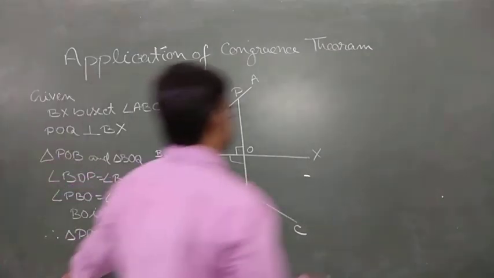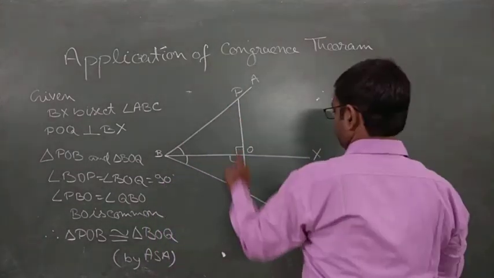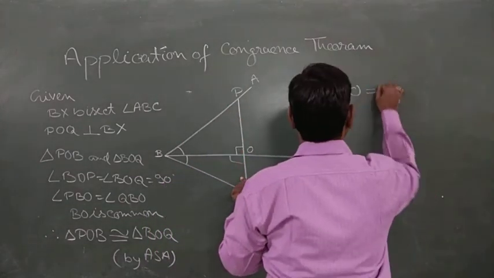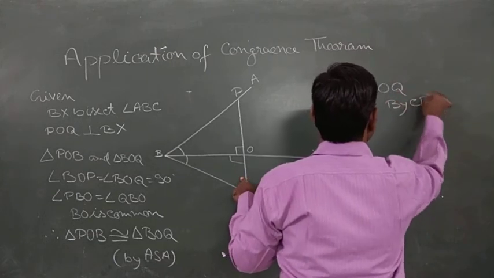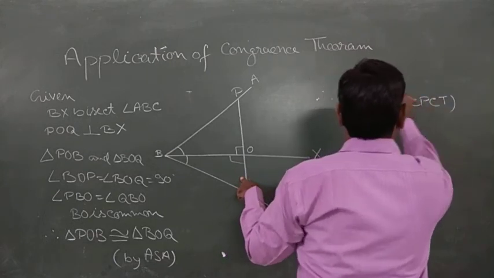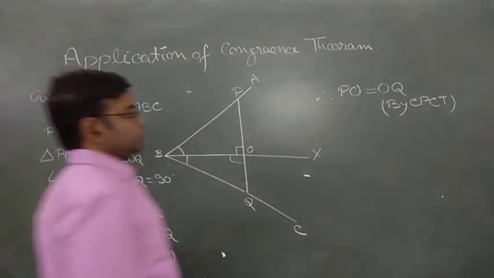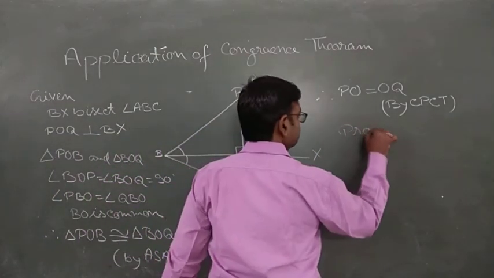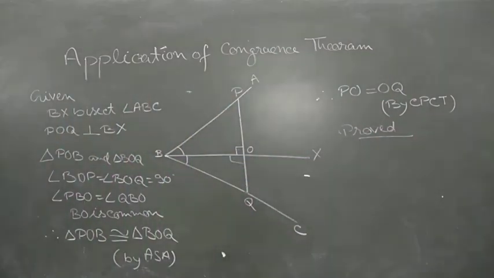Then by CPCT we can say that PO equals OQ. And hence the solution is proved. Is it clear? Now move to the next question.